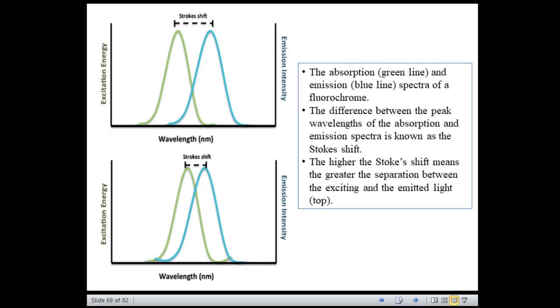Though the cells have a number of intrinsically fluorescent compounds, the information provided is limited, so the analysis becomes difficult. So the best way is, the cells are usually stained with fluorescent probes, and we call these fluorescent probes fluorochromes.